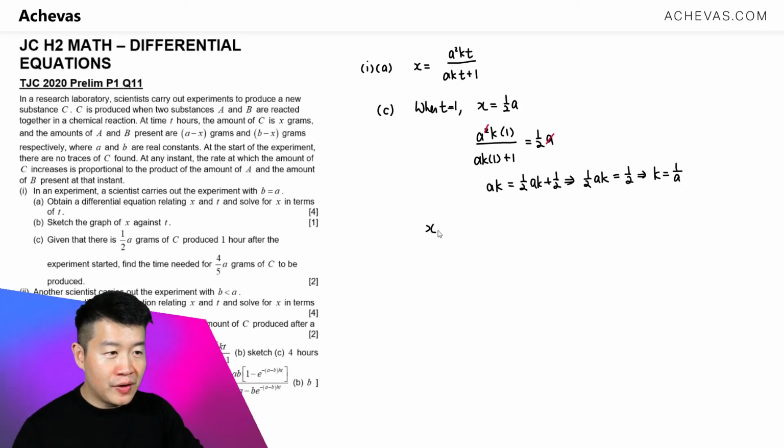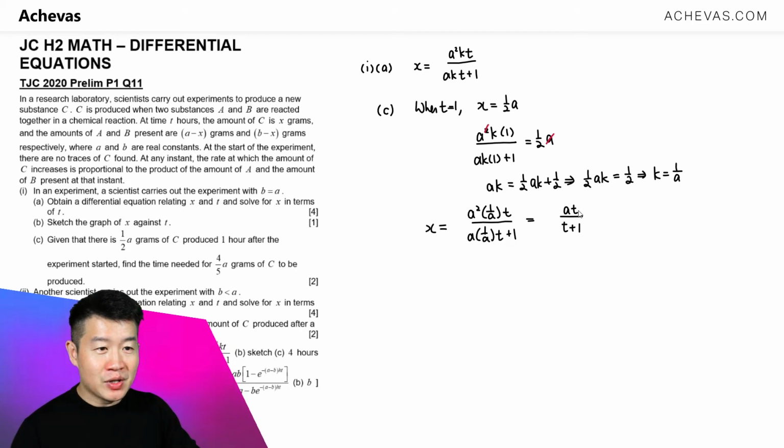And this helps me find an expression for x in terms of a and t. So it is a squared k, which is 1 over a, t, divided by ak, which is 1 over a, t plus 1. So it is going to be at divided by t plus 1.